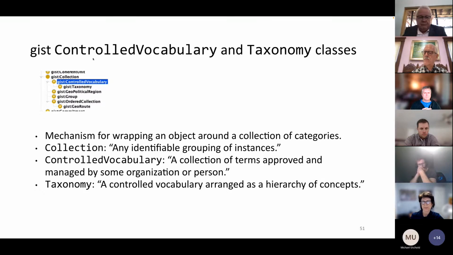And a taxonomy is specifically a hierarchical controlled vocabulary. And I don't know what others think, but I have not really used these in practice. I tend to just use the mechanism of defining subclasses and then asserting that the categories are types of that subclass, which we mentioned earlier, rather than using these. Do people use these?